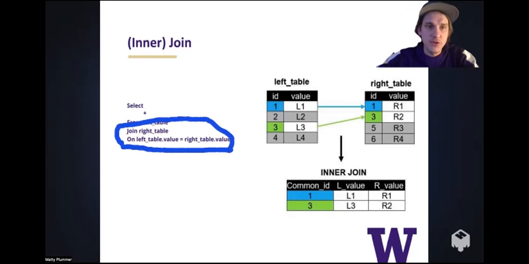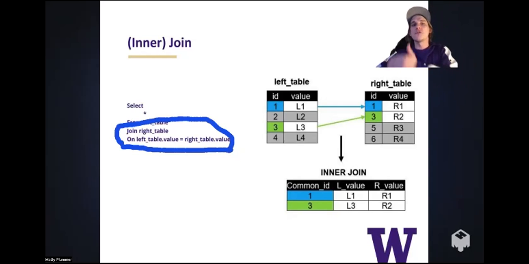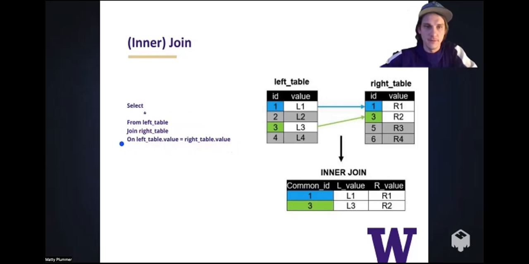So you can see it goes join right table on, and then you identify the value from the left table and what it needs to match from the right table. In this example, it's ID. So we would say, join the right table on left table.id equals right table.id. Okay.